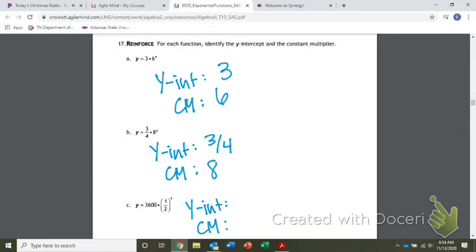Good. Lyric, what about the y-intercept on C? 36. Good job. And Angel, what about the constant multiplier? Good job. Those are easy, right? Easiest thing we've done all year right there. All right, number 18.